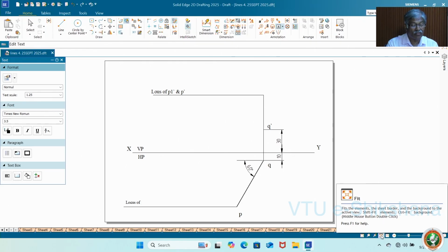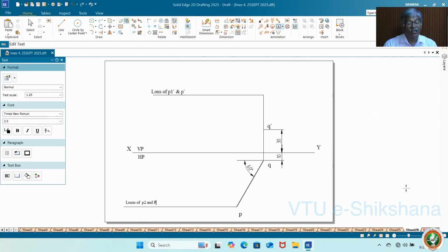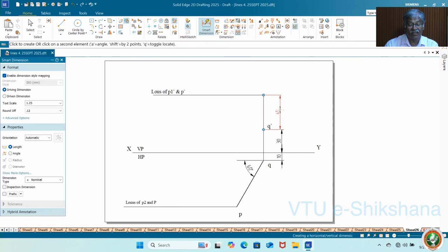Okay. Now start working. We can dimension this also because the difference is given clearly. This is very important.